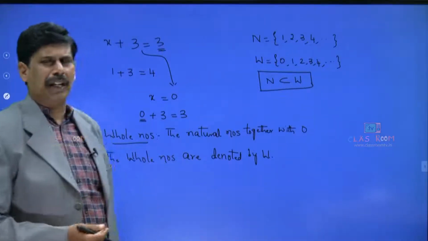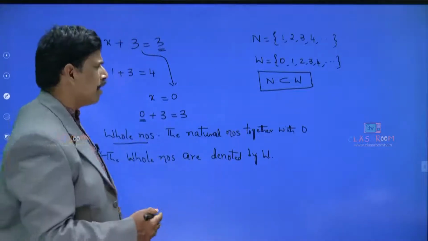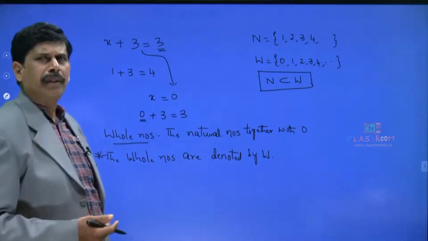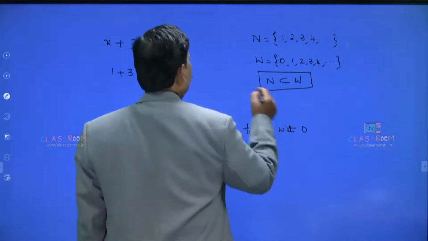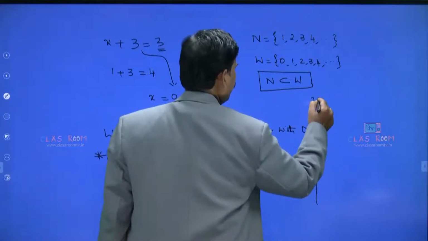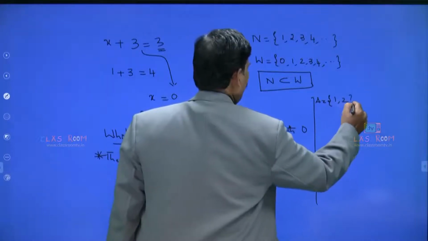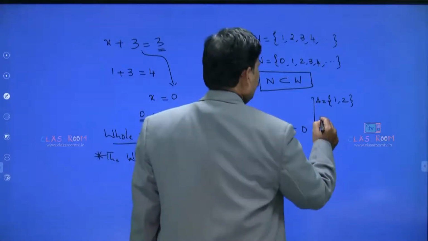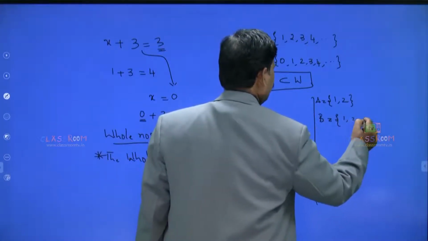What is this subset actually? You will study this in class 10th, but just have an idea of subset here. Suppose there are two sets A and B, for example. Suppose A is a set having the numbers 1 and 2. There is another set B having the numbers 1, 2, 3.